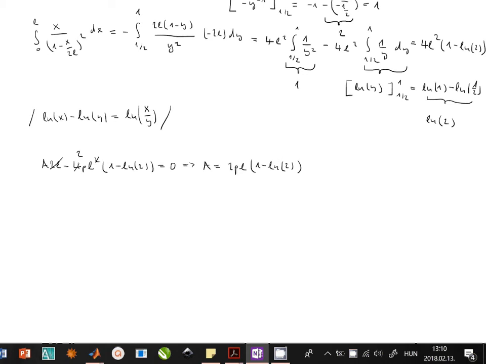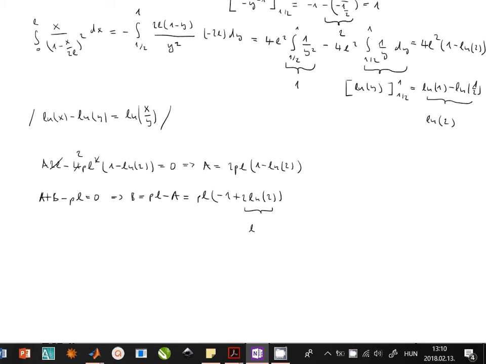So we have an expression for A, and we can bring this back to our equilibrium equation, which was A plus B minus PL is 0. So from here B is equal to PL minus A, which will give PL times (minus 1 plus 2 times natural logarithm 2).